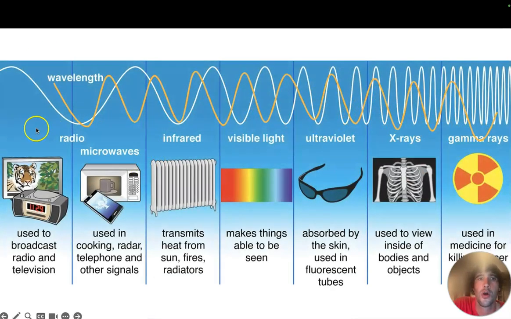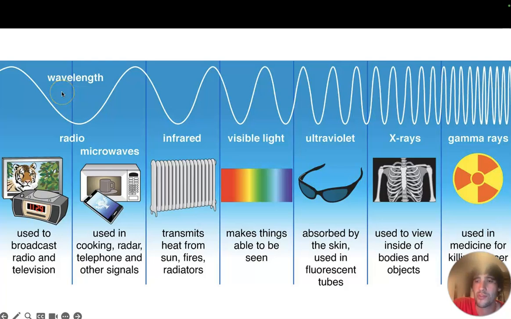So, light comes in many different forms. On one end of what's called low energy light, you have things like radio waves and microwaves. And right on the far end, you might have something like gamma rays. If you get hit by a gamma ray, well, it's game over, man. Don't get hit by a gamma ray.